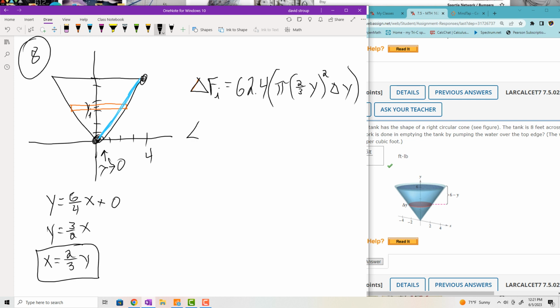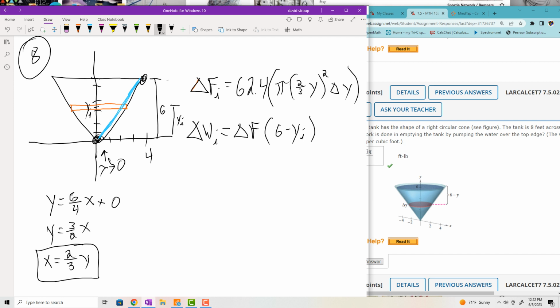Then we need our work increments, which will just be the distance traveled times the force increment. The distance traveled for any position y sub i is the complete distance from the bottom to the top, which is 6, minus the location of the particular disk. So if that is y sub i, the distance traveled is 6 minus y sub i.